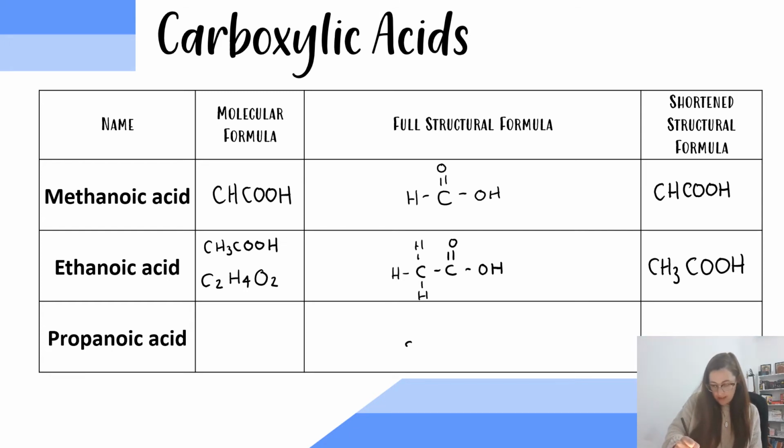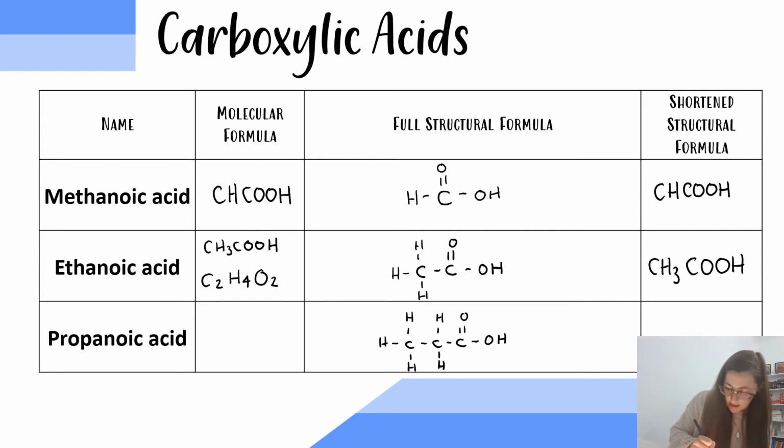And propanoic acid is 3 carbons, carboxyl group at the end of the chain, hydrogens surrounding the other carbons, and molecular formula here, again, two options.